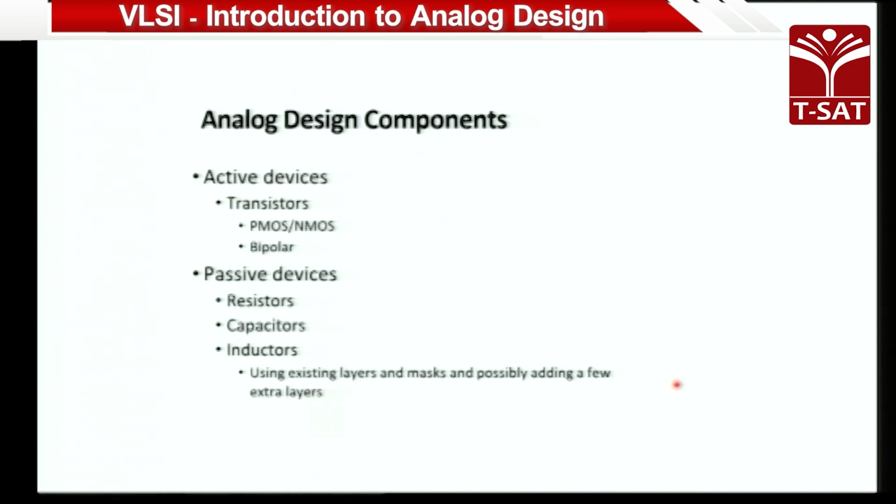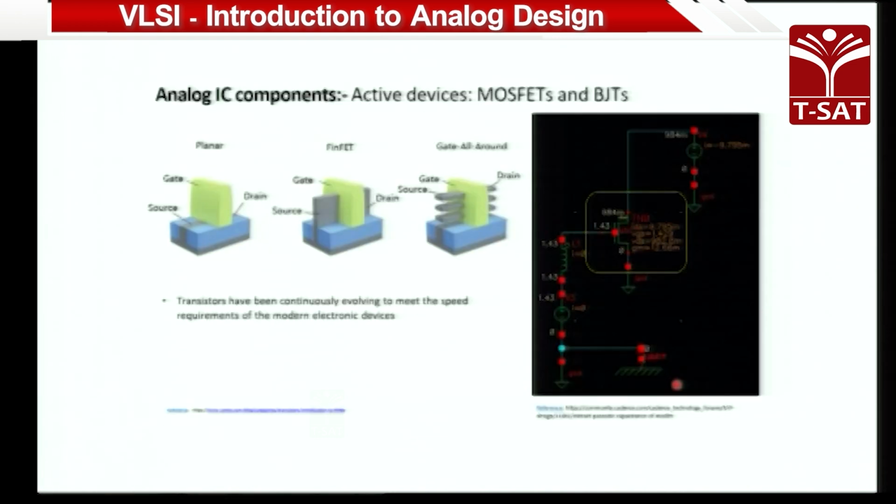There are active devices and passive devices. Active devices: transistors, PMOS, NMOS, bipolar. Passive: resistors, capacitors, inductors. Now in this particular image, on the left side there are some colorful drawings, colorful structures. These structures are nothing but active devices. These are called MOS.